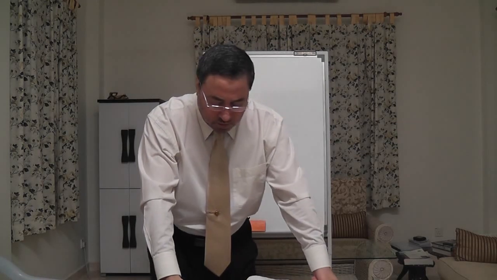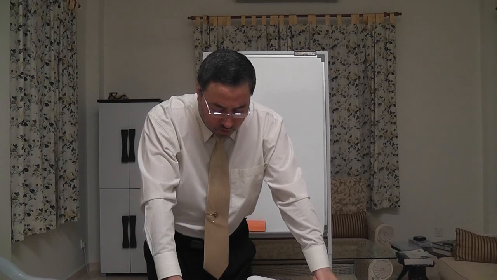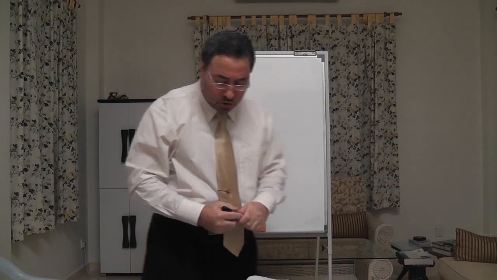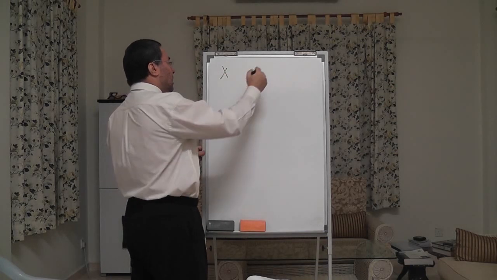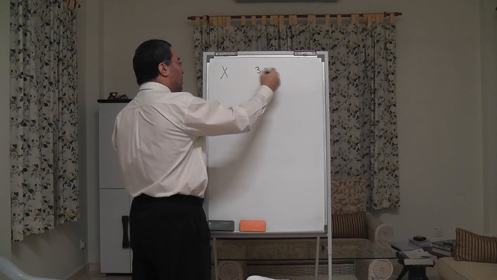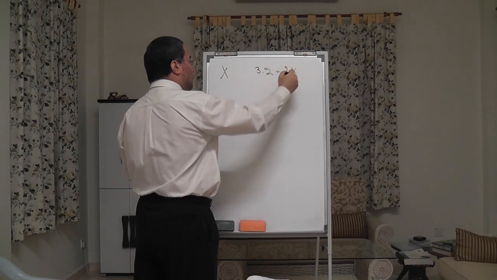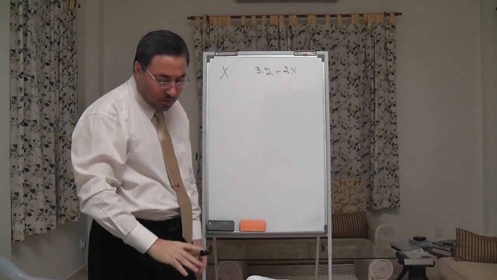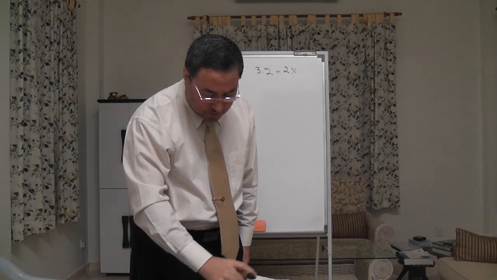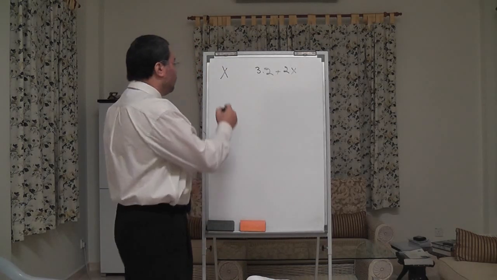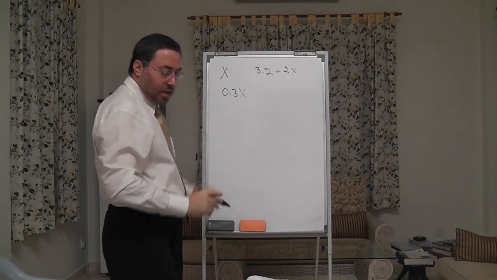Next is exercise 28. The greater of two numbers is 3.2 more than twice the smaller. So, if the smaller is x, the second number is 3.2 more than twice this. So it's 3.2 plus 2x. If 0.3 times the smaller is added to the larger, so 0.3 the smaller, that's 0.3x.